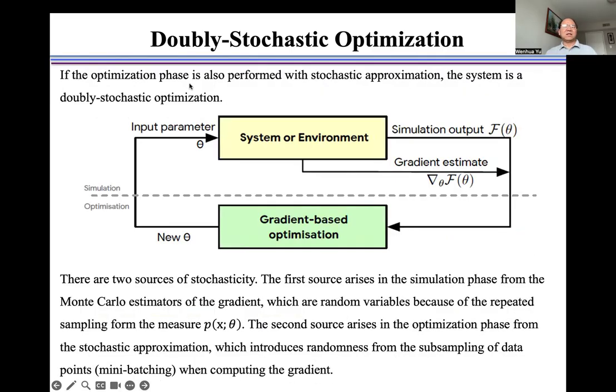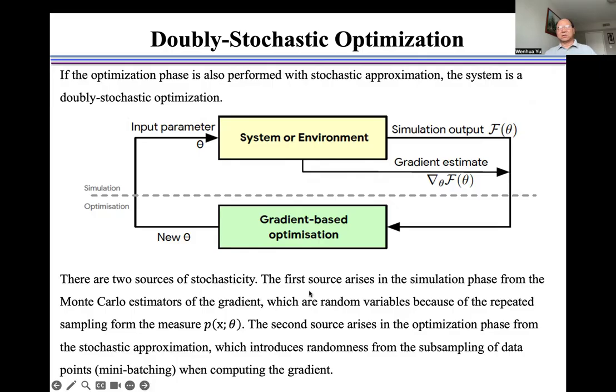If the optimization phase is also performed with a stochastic approximation, the system is a doubly stochastic optimization as shown here in two phases, this simulation phase and this optimization phase. There are two sources of stochasticity.